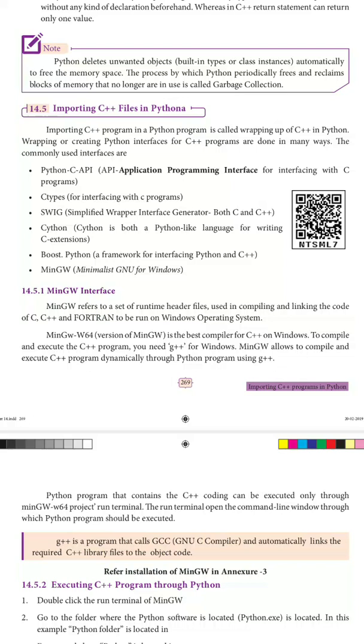MinGW refers to a set of runtime header files used in compiling and linking the code of C, C++ and Fortran to be run on the Windows operating system. So this is basically a header or subroutine that can compile and link the code of C++ and Fortran to the Windows operating system.